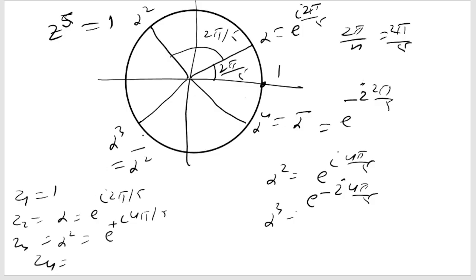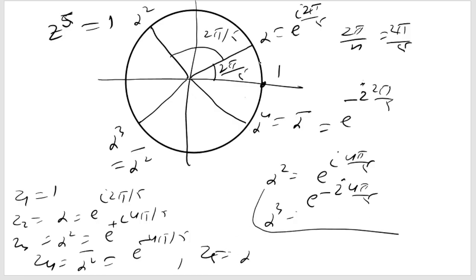The fourth root is the conjugate of alpha square, that is e to the power minus i 4 pi by 5. And what is the fifth root? The fifth root is the conjugate of alpha, that is alpha bar, that is e to the power minus i 2 pi by 5. This is how we find all the roots of a complex number.